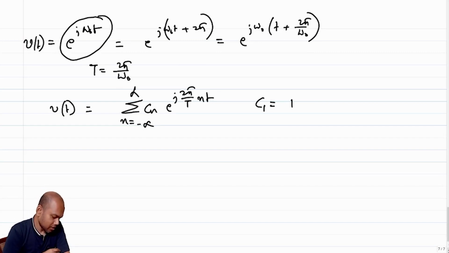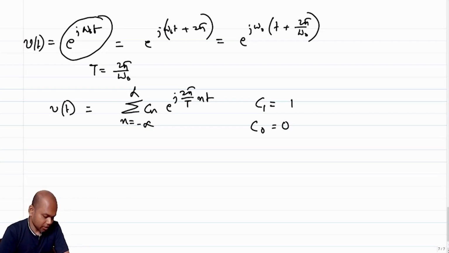So this satisfies. And what happens to C0? C0 is 0, because no such term exists in the complex exponential. Similarly, all other Cn, when n is not equal to 1, are 0.